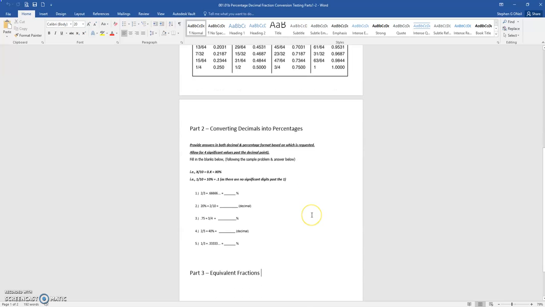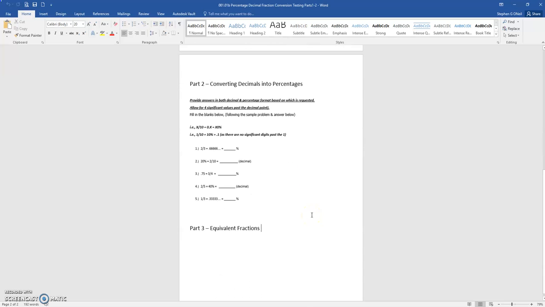Part 2 is converting decimals that are given to you into percentages. Again, pretty straightforward, but the important takeaway here is that we're allowing for 4 significant values past the decimal point.